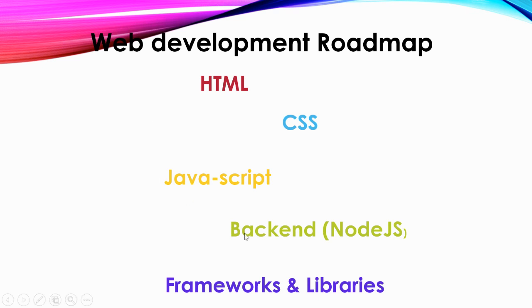So after backend, then you can start with the frameworks and libraries, because they are not of much importance, I would say. They are just made to make our work easier. So once you have finished with the backend, you can say that you're a full stack developer. And then you can start with all the different things like all the frameworks or libraries or web design.